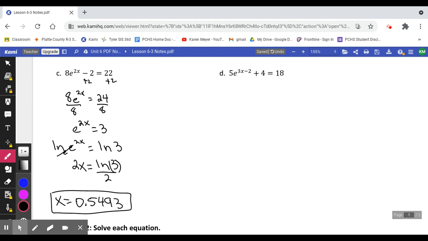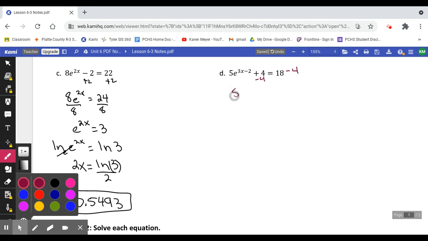Okay, on the next one, I'm going to subtract 4 first. So 5e raised to 3x minus 2 equals 14. Then I'm going to divide by 5 to get e all by itself. And then I'm going to put an ln on both sides.